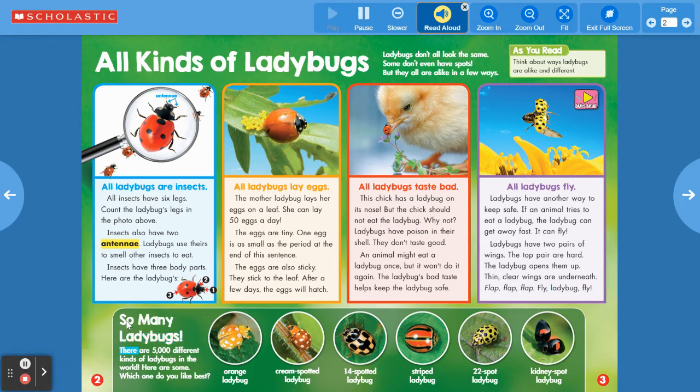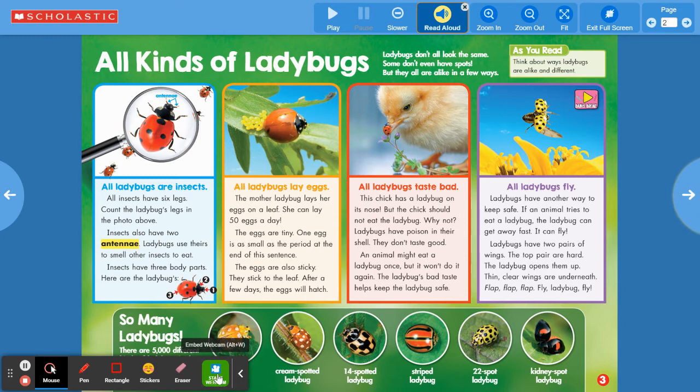Ladybugs. There are so many ladybugs. There are 5,000 different kinds of ladybugs in the world. Here are some. Which one do you like best? Orange ladybug, cream-spotted ladybug, 14-spotted ladybug, striped ladybug, 22-spot ladybug, kidney spot ladybug.